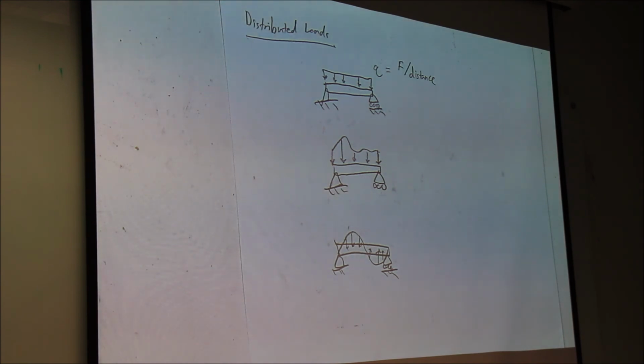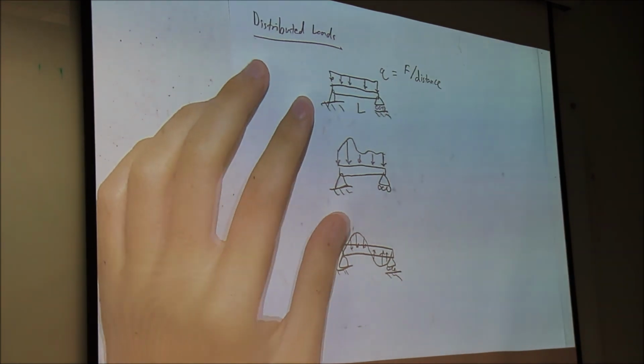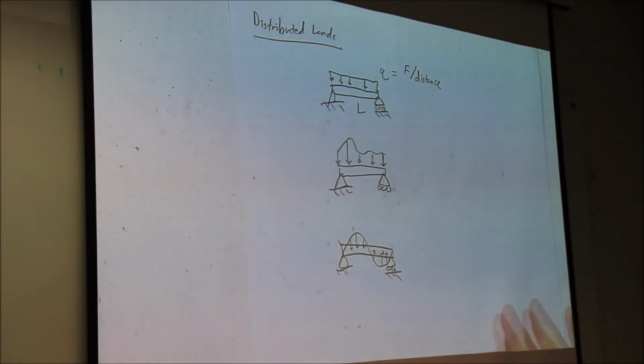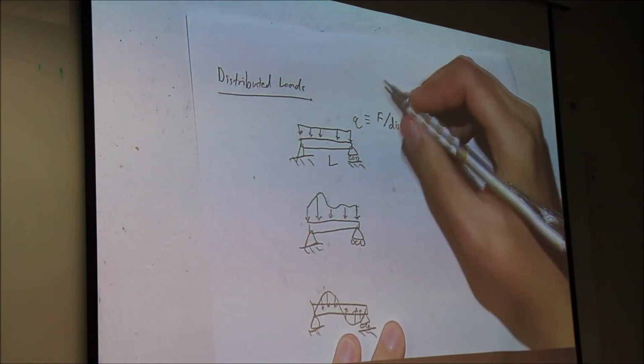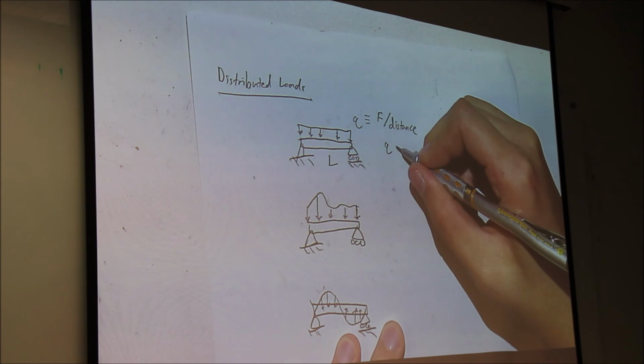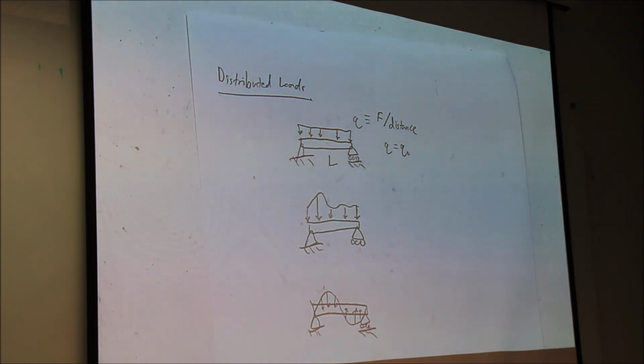So let's start with the easier question. Let's say this is a distance L. It has a force distribution Q, some constant value. Let's say Q is equal to some constant Q naught. Can anyone tell me what the total force pushing down on this beam is?